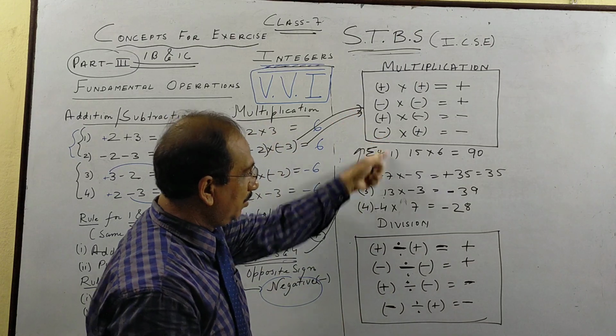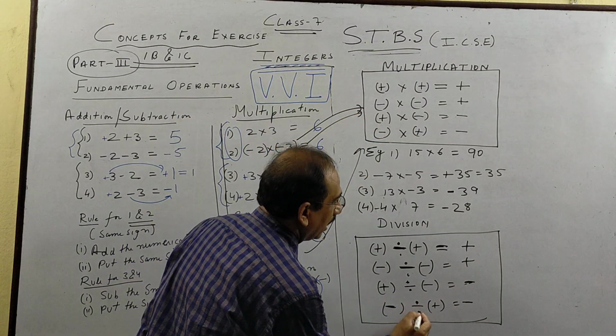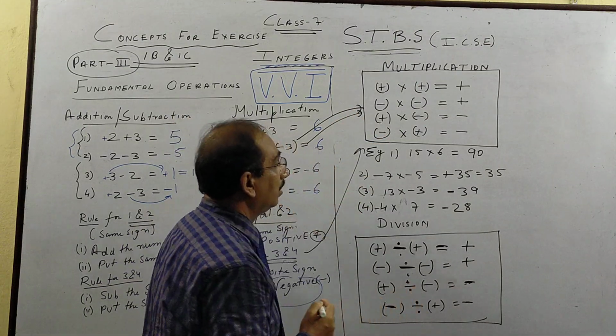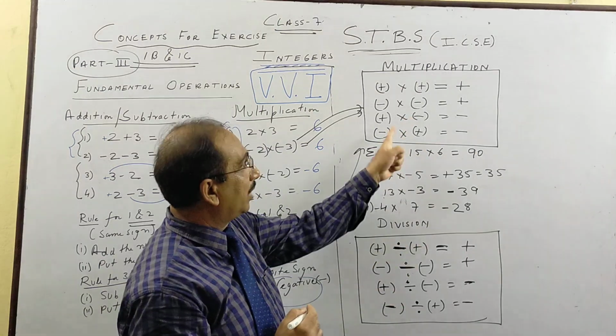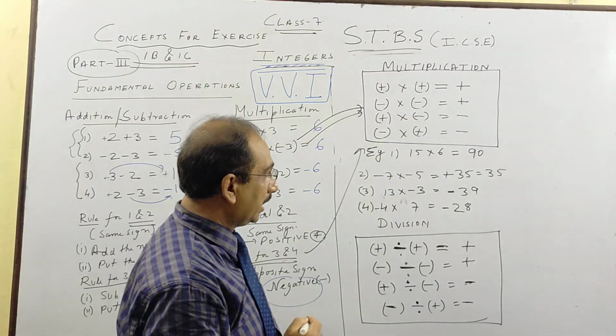Very similar table. The difference is here we have division in place of multiplication.